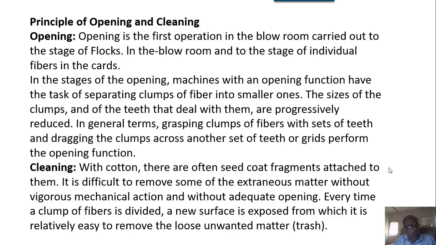At the same time, we are also required to remember that not only are various trash particles there, but when the cotton is picked from the field, some extraneous outside contamination also takes place, and sometimes, though rarely, adulteration is done deliberately. So we are required to keep these two factors in mind in dealing with today's blowroom line.